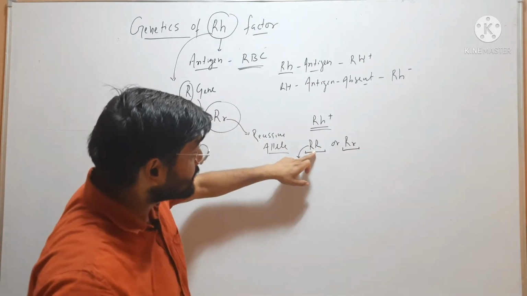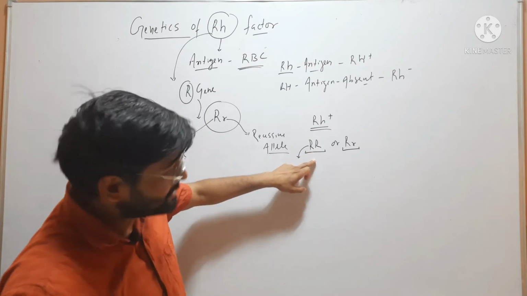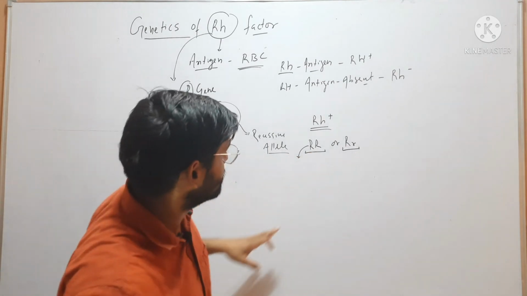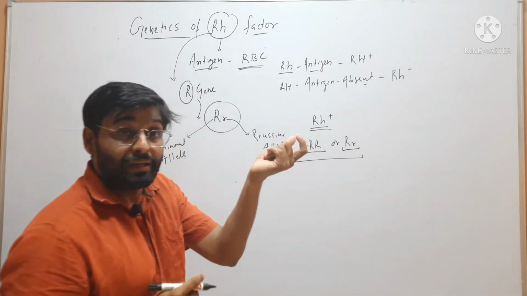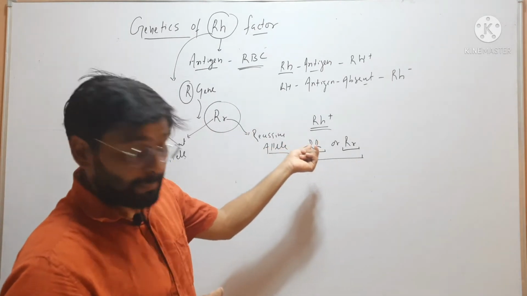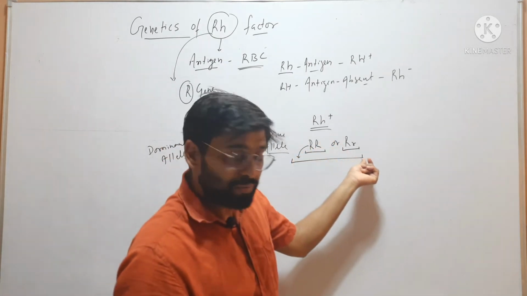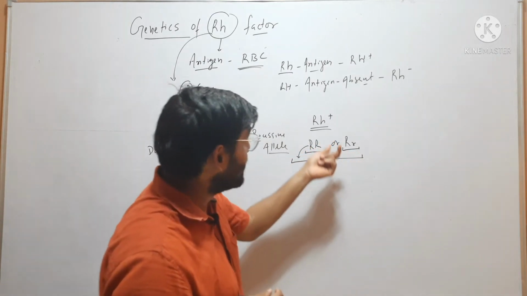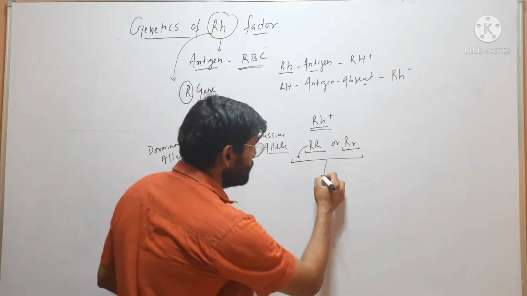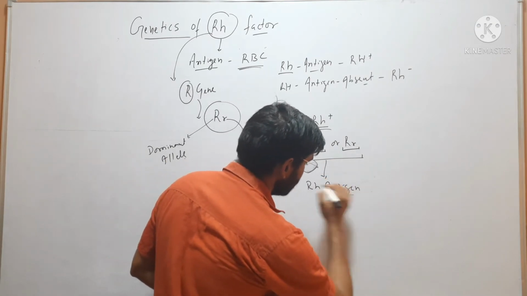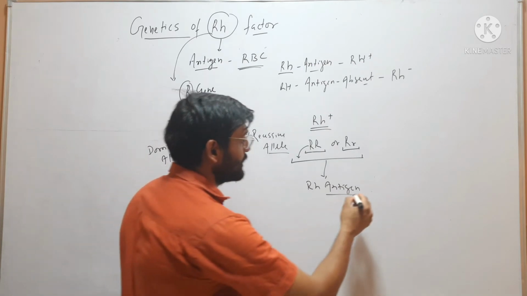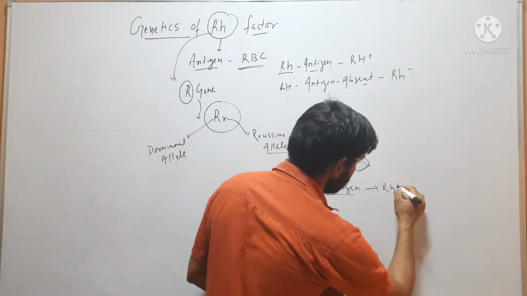So it will express itself in the homozygous condition and also in the heterozygous condition. In both these cases, when two copies of capital R are present or one copy of capital R is present, it will express itself and form the Rh antigen. When it forms the Rh antigen, then the person will be Rh positive.